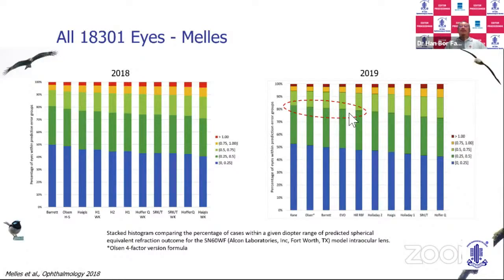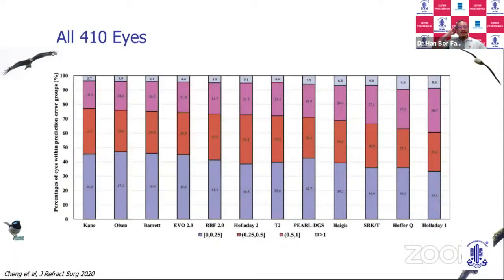So you can see consistently, these new formulas are doing better than some of the older traditional formulae. The latest is by Cheng. This was just published in, I think, the latest issue of JCRS. For this group, they have very good outcomes from Kane, Olsen, Barrett, EVO, and RBF. They're all close to 80%, way above 70%.